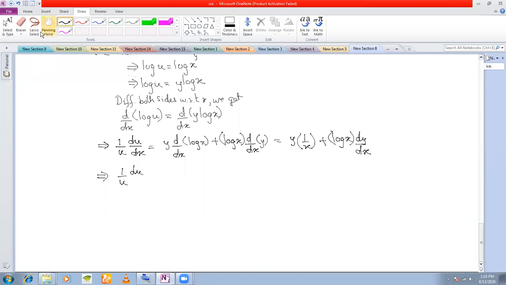Okay, so this is, take all the dy dx together, so you get 1 by u. Oh, okay, no, you find du dx from here. So therefore, what is du dx? du dx is u into all this, in curly brackets, dy dx.